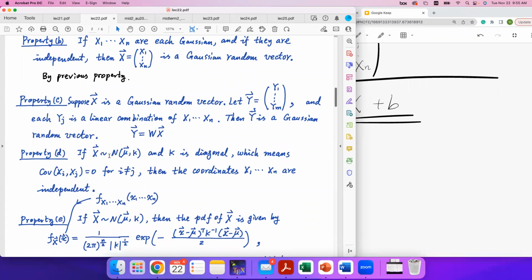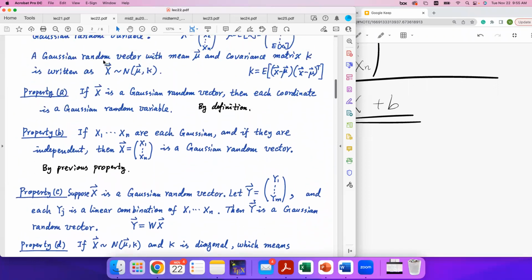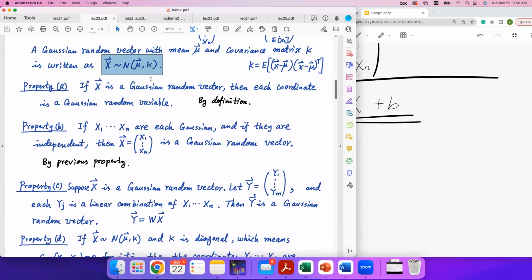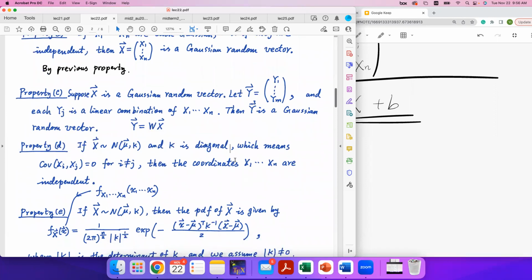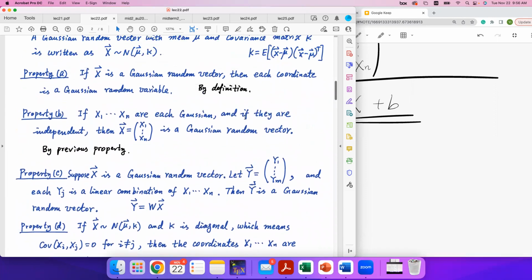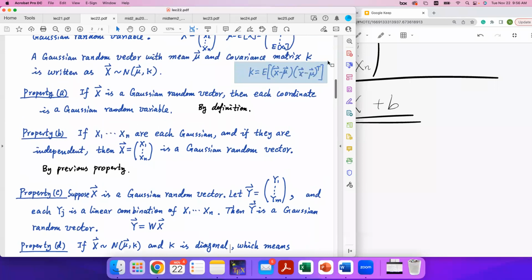Now, let's consider this Gaussian random vector, denoted by mu and K, so the mean and the covariance matrix are given. Suppose that this covariance matrix is a diagonal matrix. We know that this autocovariance matrix is defined in this way.